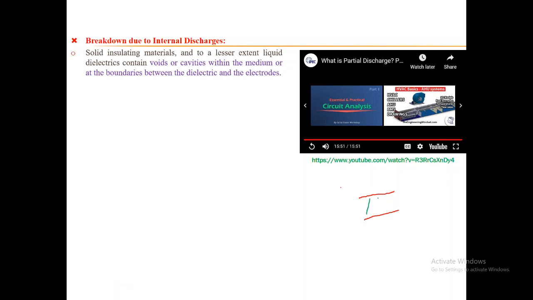So this red horizontal line indicates, let us consider the 2 electrodes which are separated by this green layer of this solid dielectric structure. So here at the 2 sides, likely we are connecting the voltage terminal.